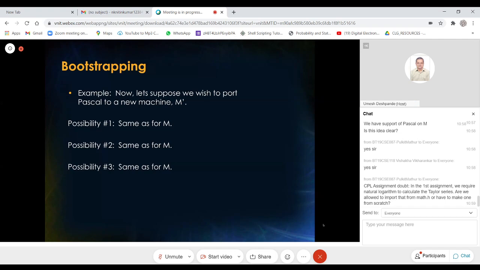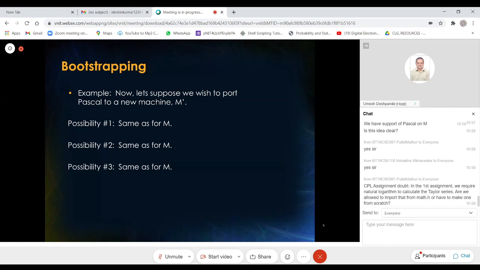Yeah, in the first assignment, correct. If we require the natural logarithm to calculate the Taylor series, take help of that. You can use math.h to implement the facility for real numbers.